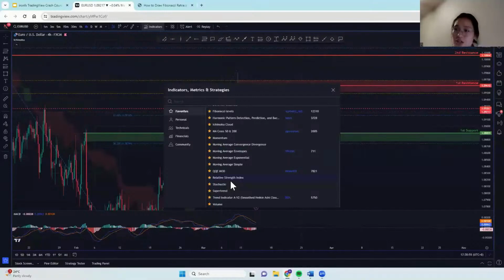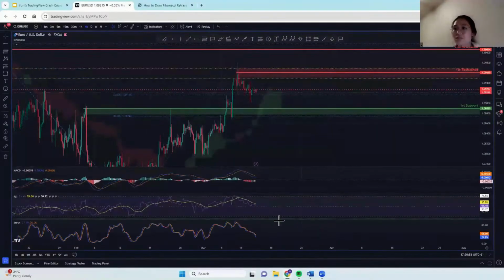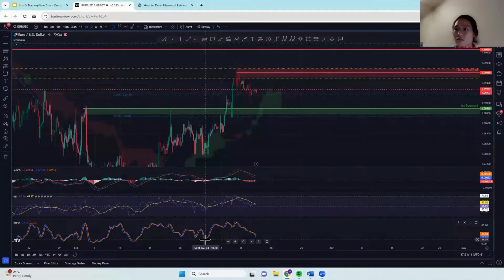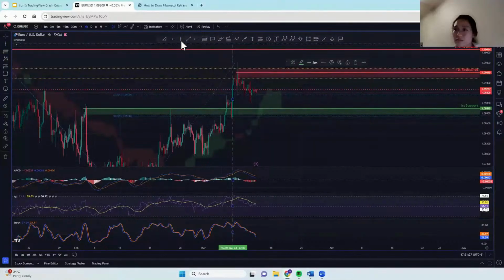So for example, next let's use RSI and stochastic. Okay, so for example, for our stochastic here, you can see that price made a higher low, whereas on our stochastic, it made a lower low.